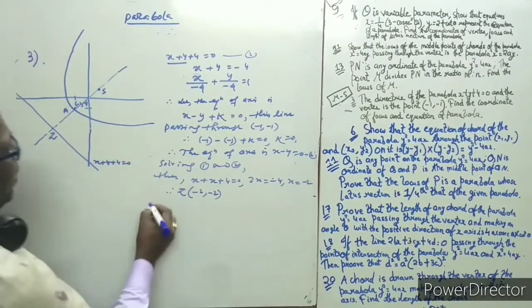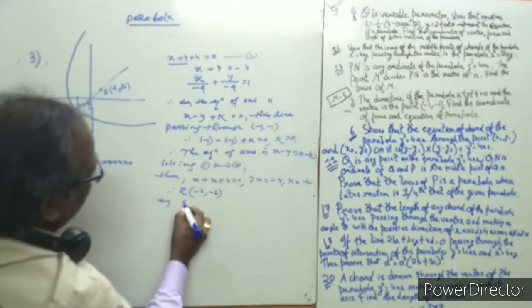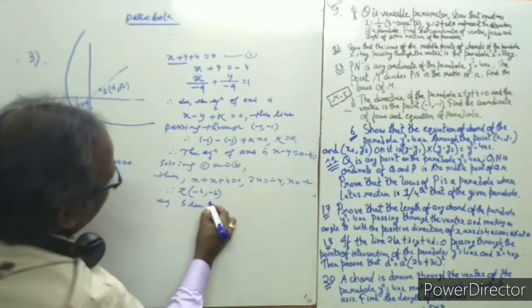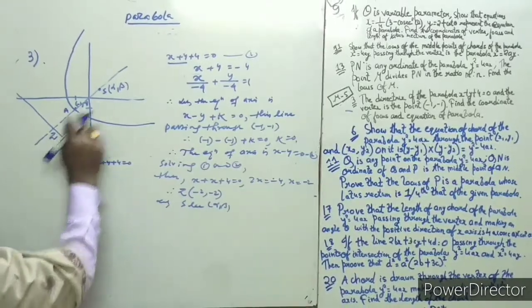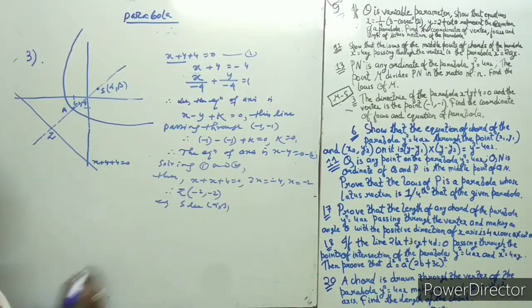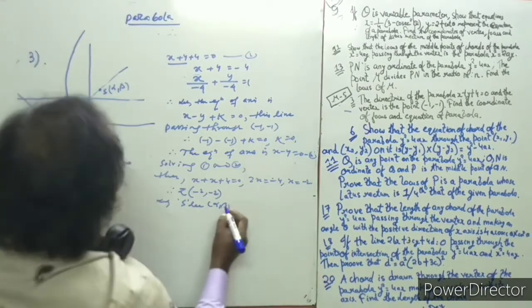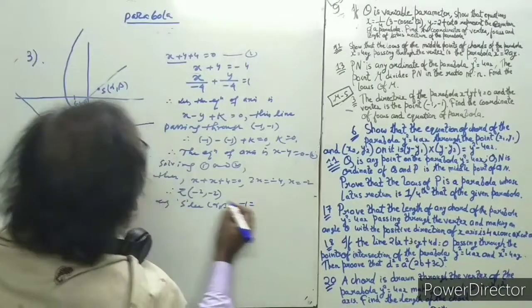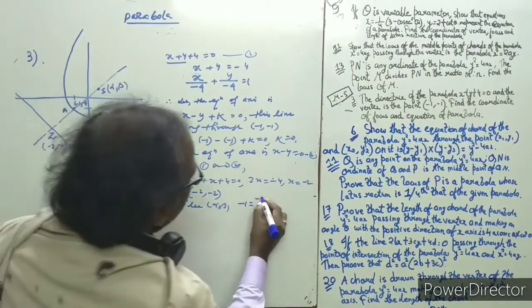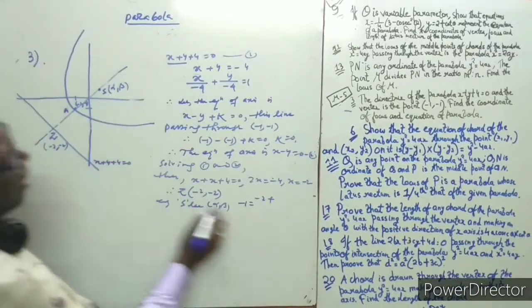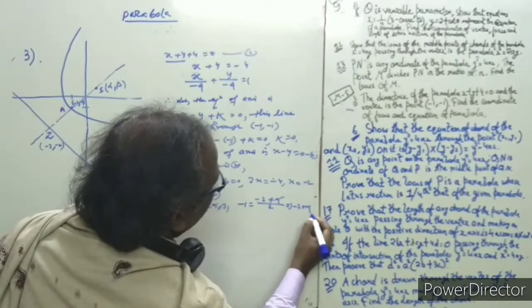So let S be alpha comma beta. Since A is the middle point of S and Z, we can write minus 1 is equal to minus 2 plus alpha by 2.